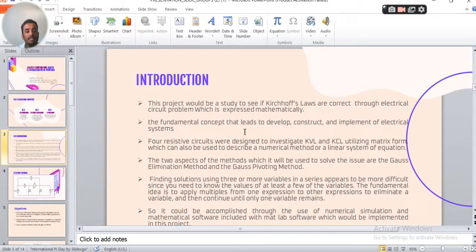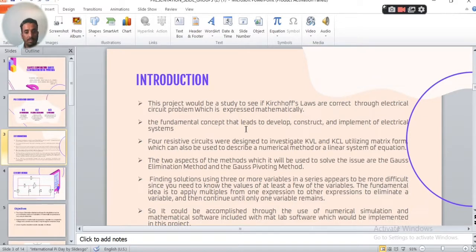Through that circuit, we apply KVL and KCL for the nodes of the problem, obtain the equations and solve them using Gauss's elimination method, the numerical method we chose to answer our assignment.